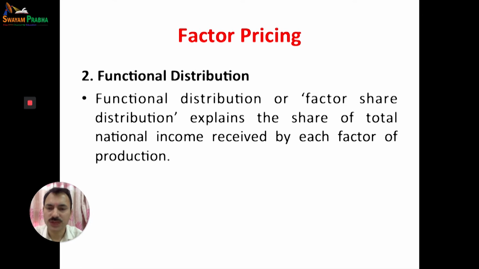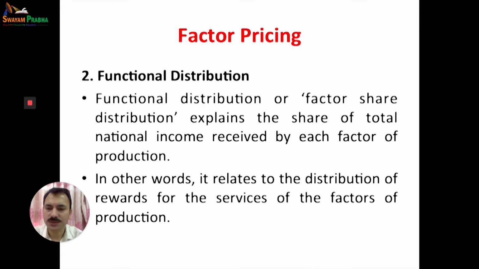Whereas the functional distribution, also known as the factor share distribution, explains the share of total national income received by each factor of production. How they received the national income, the share of national income, is called functional distribution. In simple words, it relates to the distribution of rewards for the services of the factors of production.